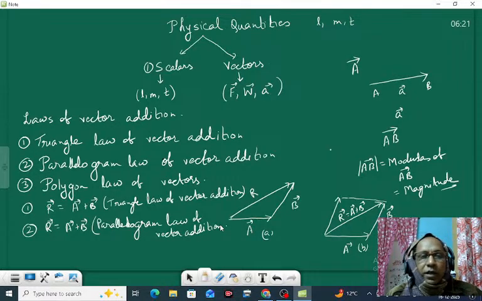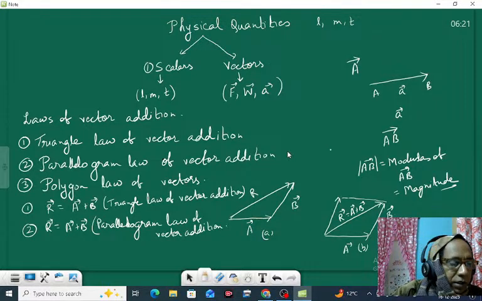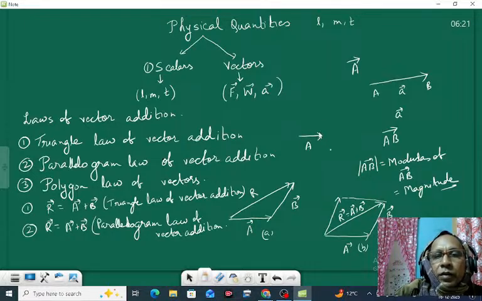Okay. Besides that, we have another law, that is the polygon law of vector addition. That I am also going to discuss. So there are more than two or three vectors. Suppose this is vector A, this is vector B, this is vector C. Then we apply this formula: the initial point of the first vector and the final point of the last vector, we add, and we get the resultant vector.